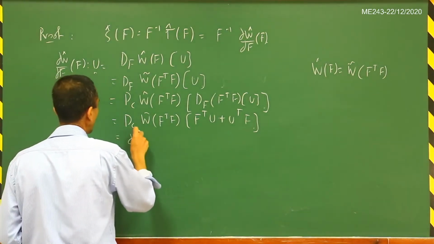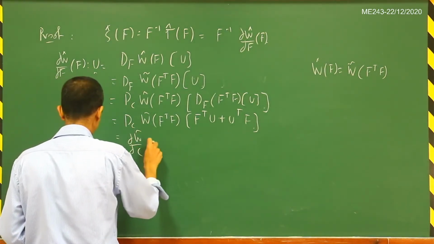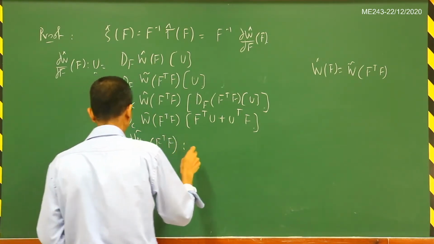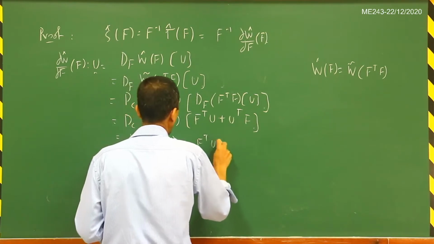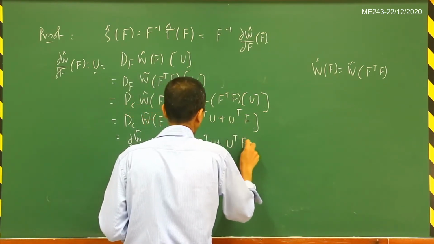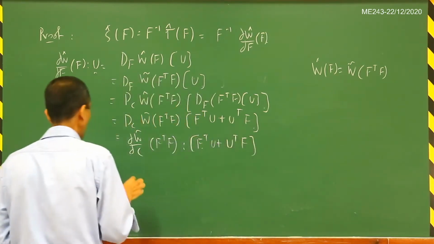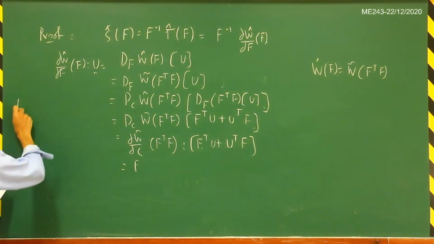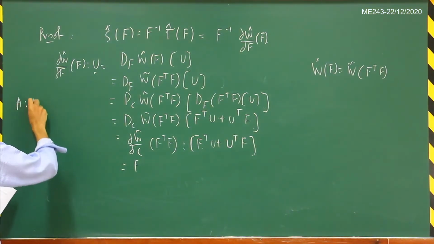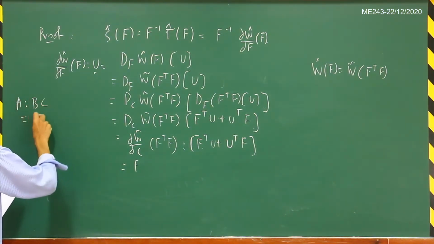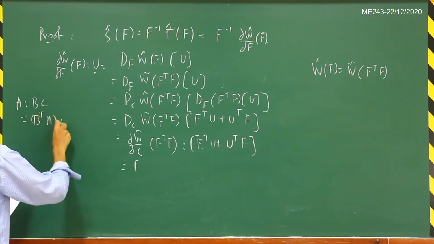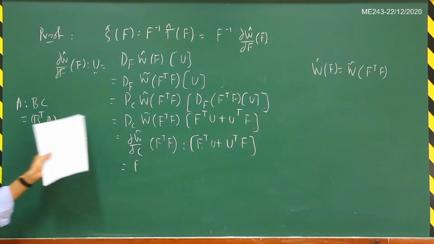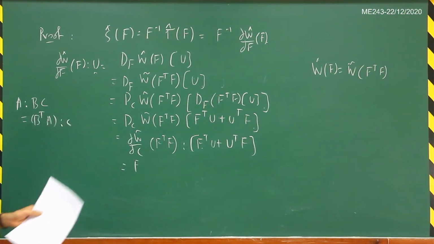So this is del W tilde by del C evaluated at F transpose F, matrix inner product with F transpose U plus U transpose F. And this can be written as, so we will use the properties of this tensor product. So that is A times B, C is equal to B transpose A, matrix inner product C, and so on. So those properties, you just go back to that. This is exactly of this particular kind here. So we'll use those properties here.